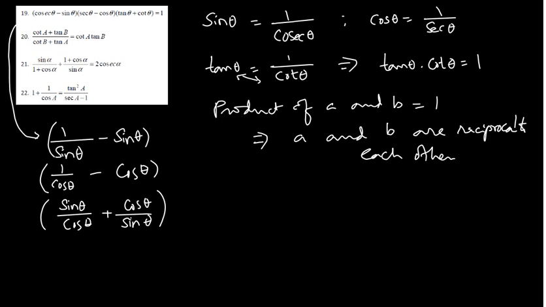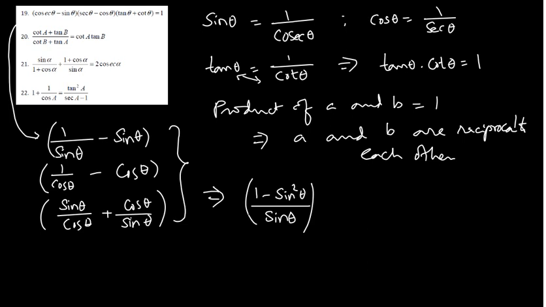Now this entire thing will come back as, note this, the first one: you take the denominator as sine theta, and the numerator will be 1 minus sine square theta. For the second one, this becomes 1 minus cos square theta divided by cos theta.